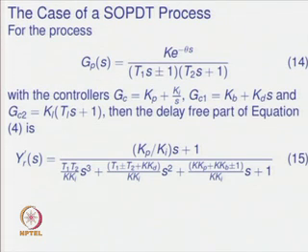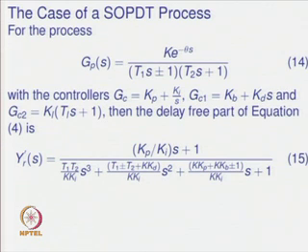Now, the delay free part of equation 4, YR dash S, can be written as (Kp upon Ki s plus 1) divided by (T1 T2 upon Ki cubed s cubed plus (T1 minus T2 plus Kd) upon Ki squared s squared plus (Kp plus Kb minus 1) divided by Ki s plus 1).